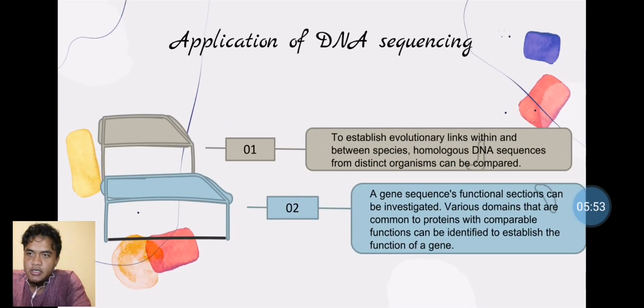So for the application of DNA sequencing, we can establish evolutionary links within and between species. Homologous DNA sequences for distinct organisms can be compared.